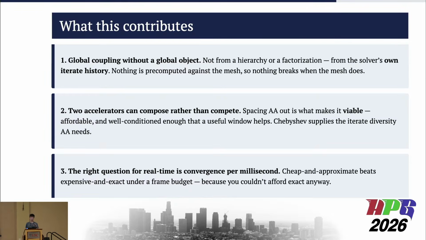So our contribution is that it can do global coupling without creating a global object like those combined methods do. Also, we show that the two accelerators can compose rather than compete.